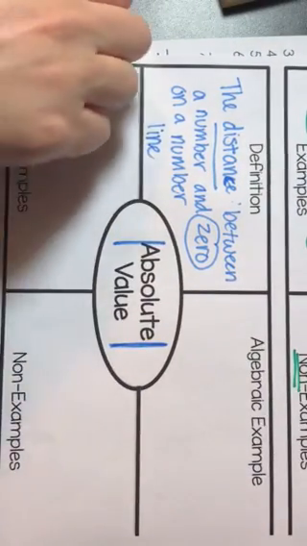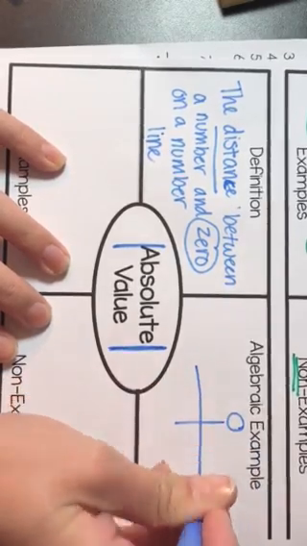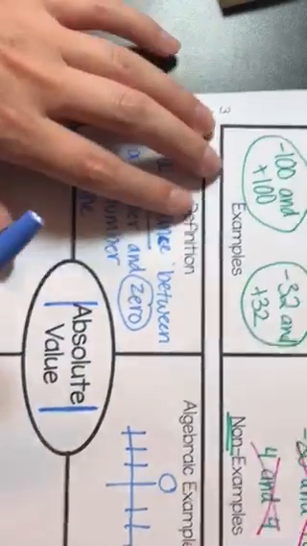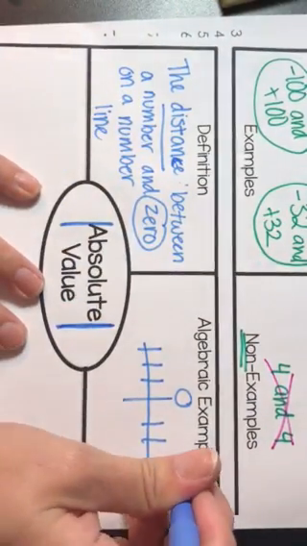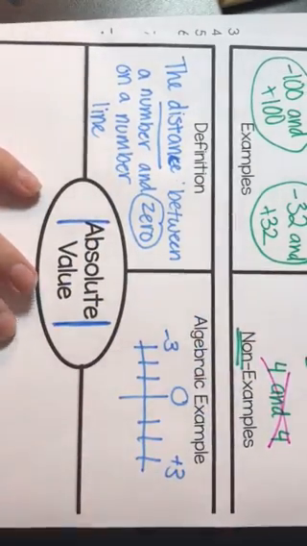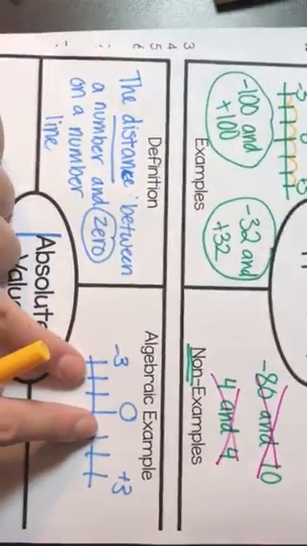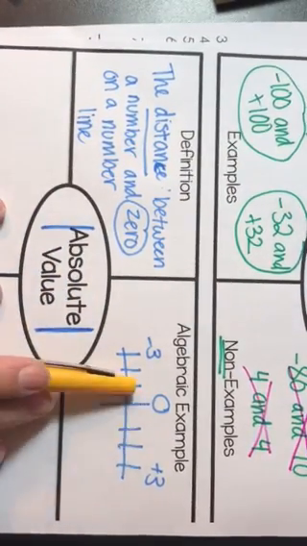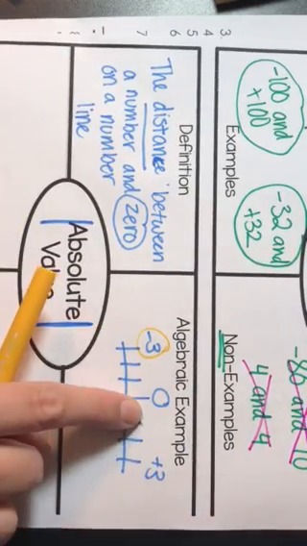So, the algebraic example would be, here's 0 in the middle, and I have 1, 2, 3, 1, 2, 3. Just like in our earlier example, we had -3 and +3. So I have -3 and +3. They're opposites of each other. We already talked about that. But I just want to know how many actual spaces, how many times did I pick up my pencil and count this number away from 0?